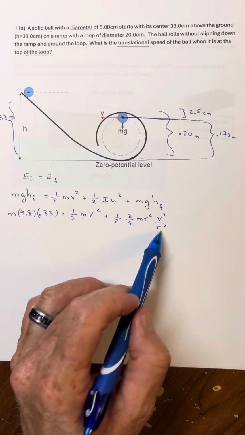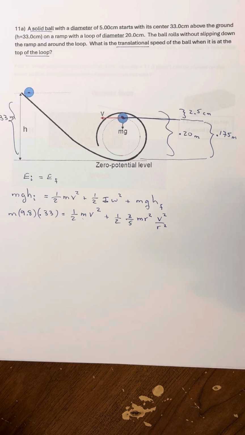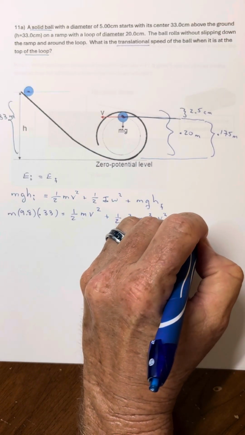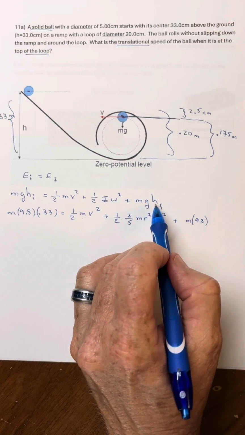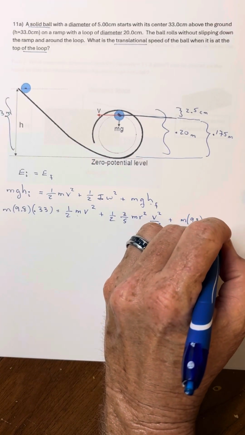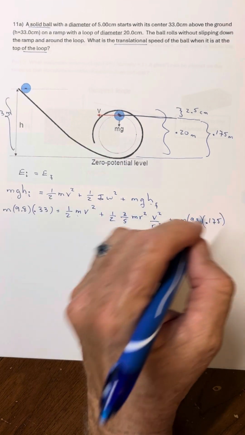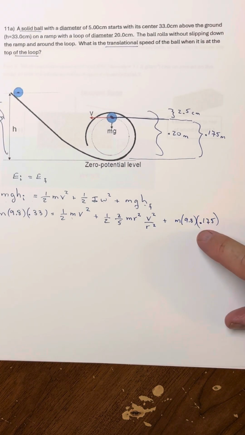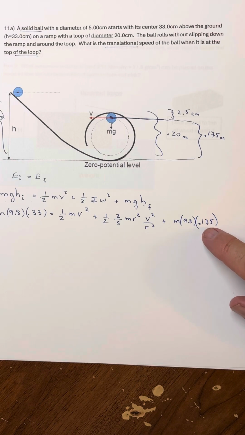So you can either put them in or not because they're going to cancel off. The m, the 9.8. And again, this is that final height, which we need to be careful with. And say it's the height of the center of mass. And so I can easily see people putting a 0.2 here.